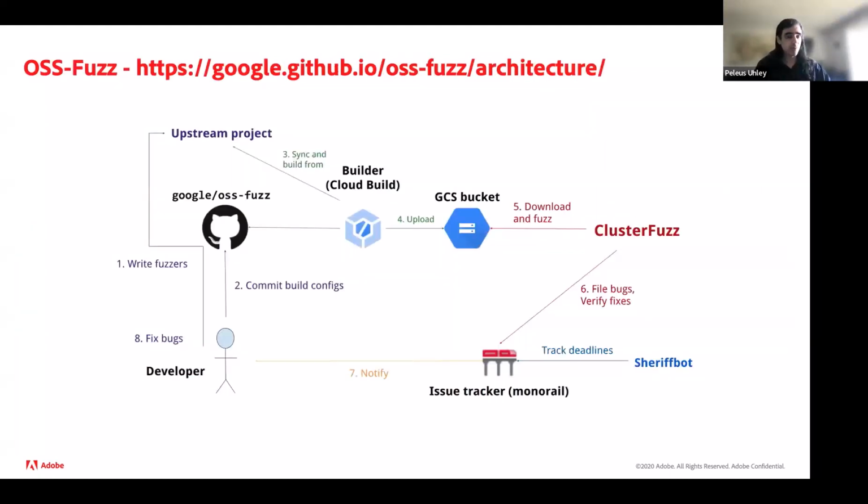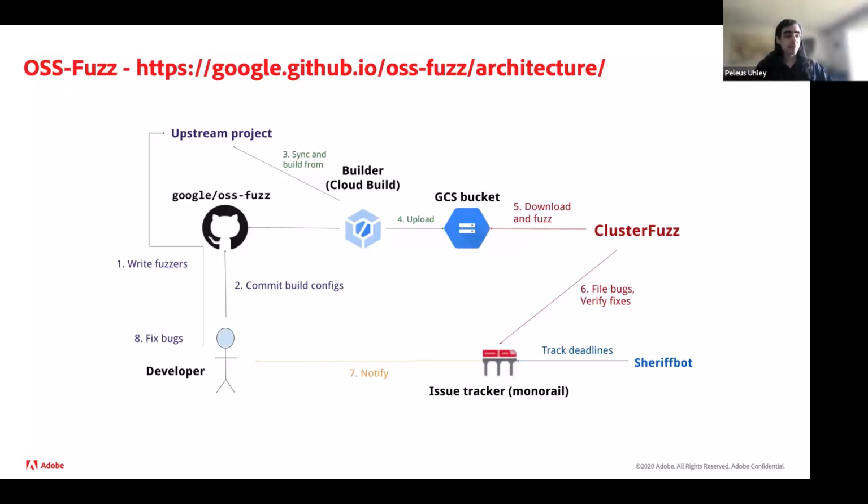So I mentioned the open source security fuzzing initiative. Whether you're Apple, Microsoft, Google, Adobe, or Netflix, we're all using open source libraries in our code. Google wanted to help the community by offering up their fuzzing infrastructure to open source projects.